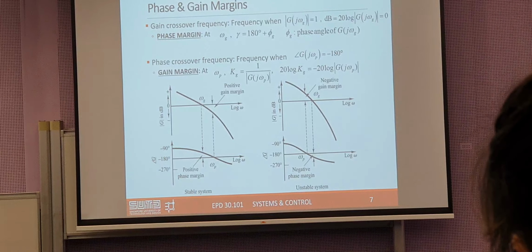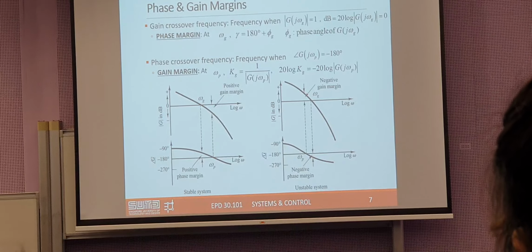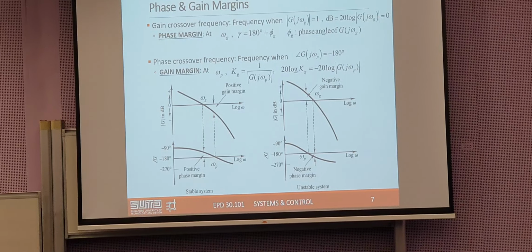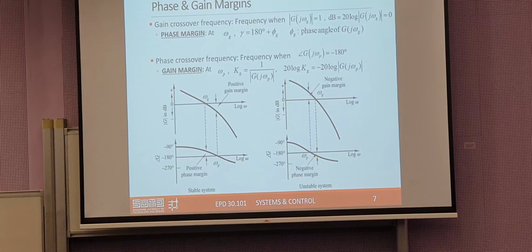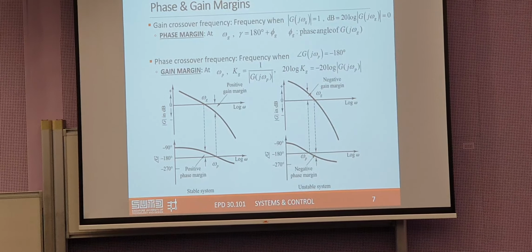From here, we determine whether the graph, and there are only three possibilities, is on 0 dB. That's one possibility. The other possibility is that the graph is less than 0 dB, which is shown here. The other possibility, on the right-hand side, is where the graph is above 0 dB.